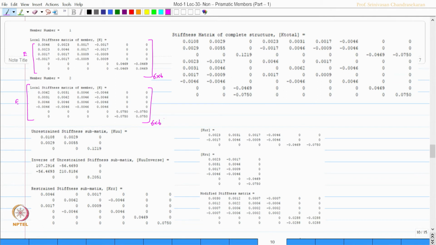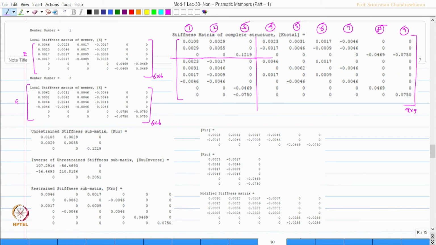So, what I do here, we assemble a complete stiffness matrix, which is 9 by 9. So, 1, 2, 3, 4, 5, 6, 7, 8 and 9. So, we make a partition at 3, is it not? We make a partition here.